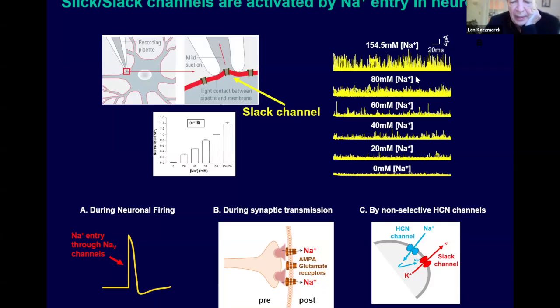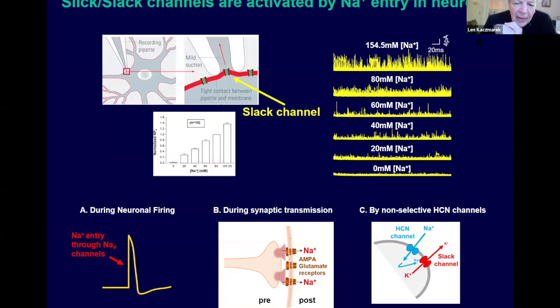And what you see on the right-hand side of this slide is the opening of these individual SLACK channels. I'm going to call them SLACK because that's what most of my slides say, but you can put KCNT1 in your brain and it's the same thing. So these yellow traces, when it's just a straight line, means there's no channel openings. These individual upward deflections represent the opening of single proteins, the channel becoming active. And you can see as you increase the amount of sodium, the channel becomes more active.